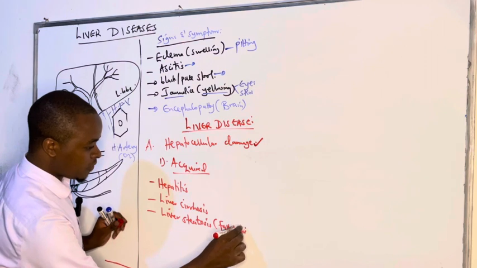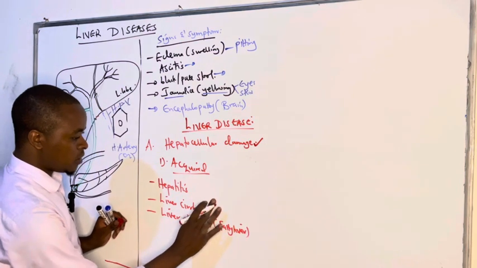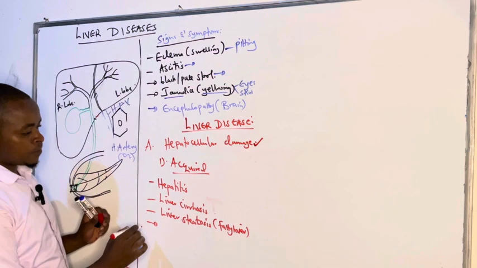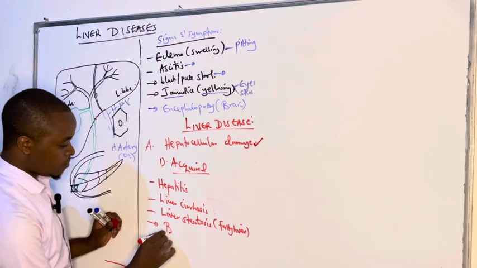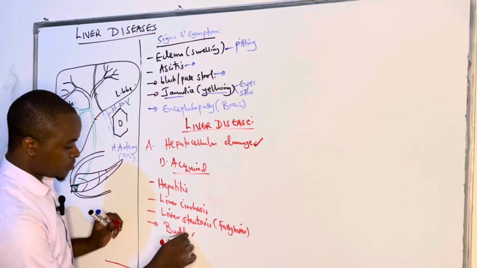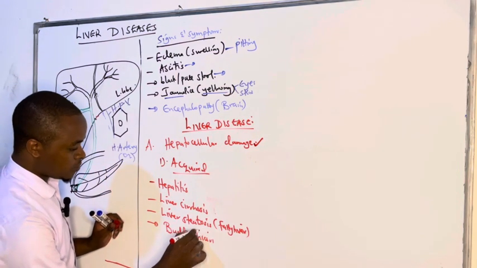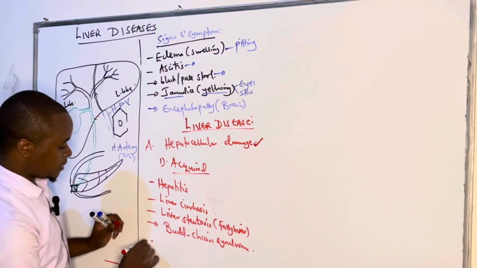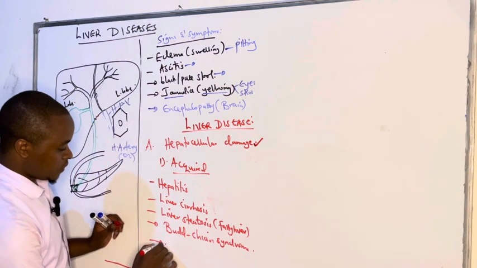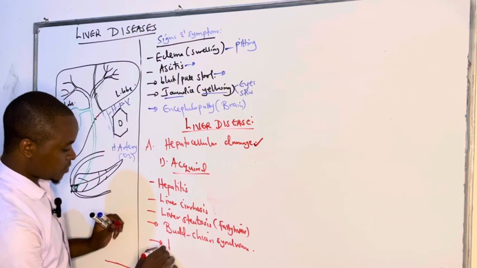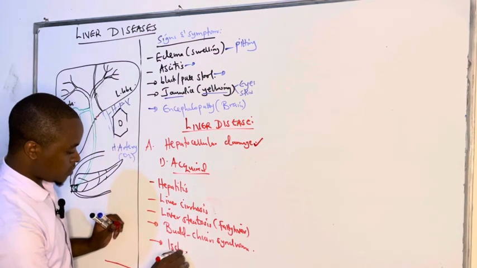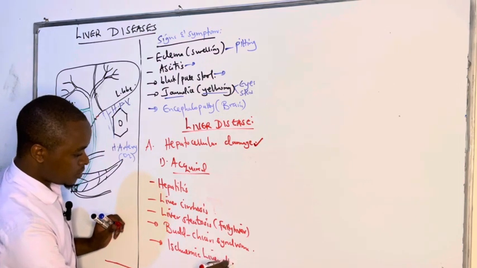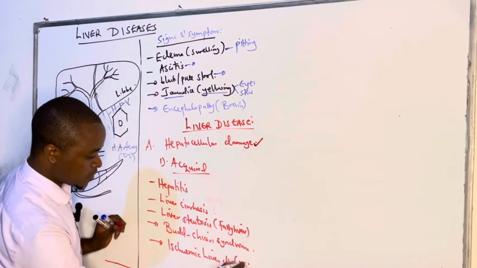This one is fatty liver disease. Then we can see another condition known as biliary syndrome. You can see another disease as ischemic liver disease, or you can call it liver necrosis.